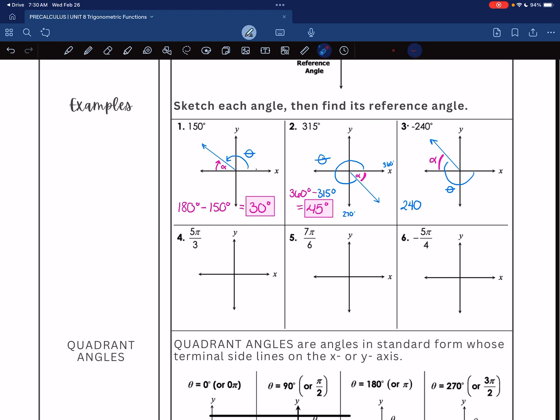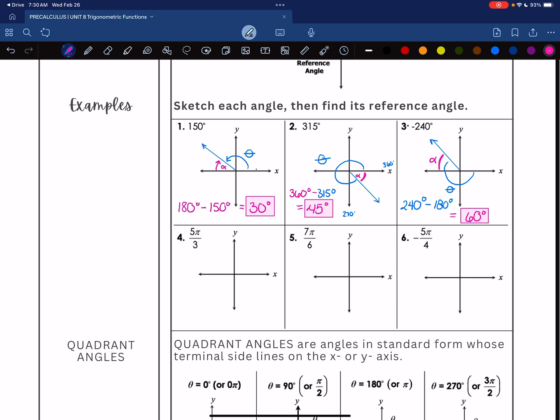What I'm saying is take away this part from all of this, and that'll give you your little alpha reference angle. What are we taking away? We're taking away 180 degrees. And so how much does that leave us with? What is that little reference angle? 60 degrees. There you go.